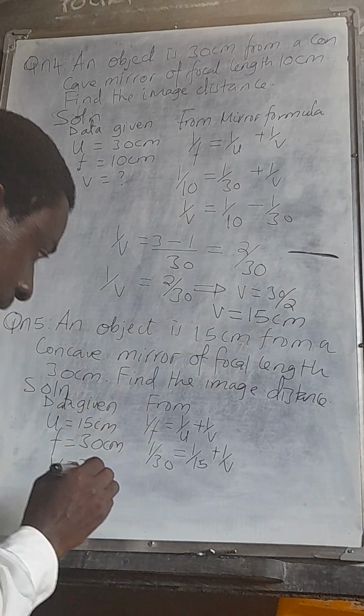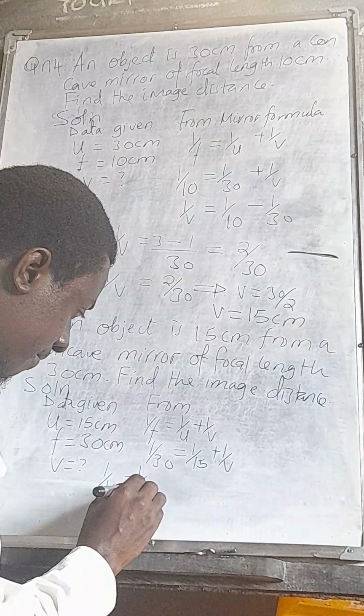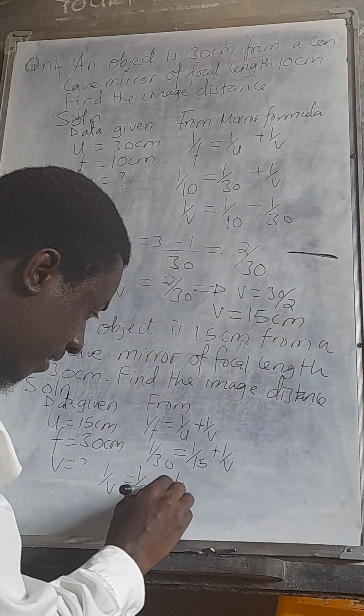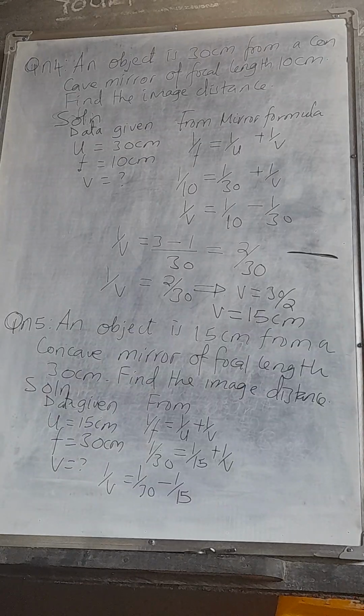So it will be now 1 over v is equal to 1 over 30 minus 1 over 15. There is no doubt on that.